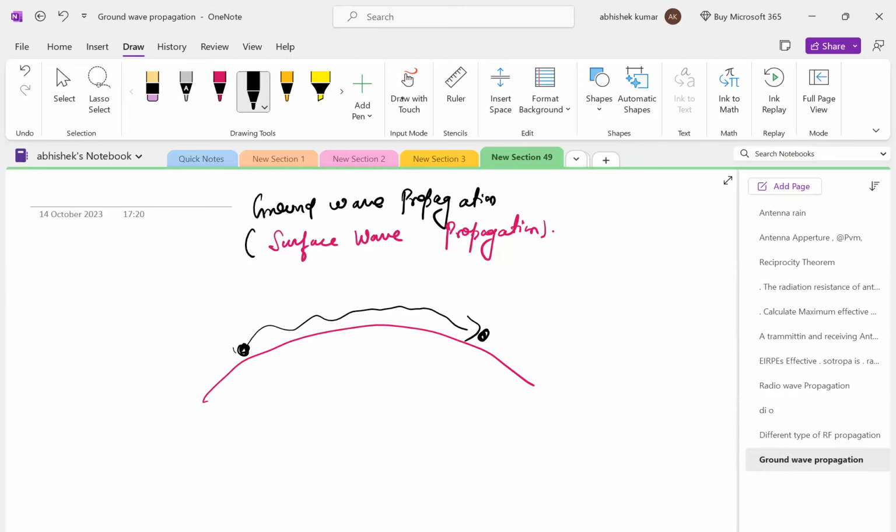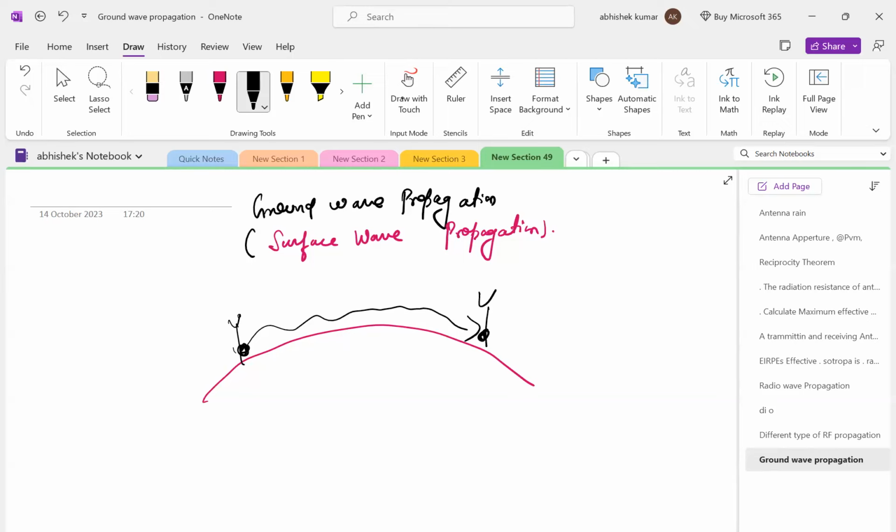This mode of propagation exists when the transmitting antenna and receiving antenna are close to each other. Suppose we have a transmitting antenna and receiving antenna very close to each other, then we can have ground wave propagation. When the ground wave moves over the earth, the energy of the surface wave decreases due to absorption.